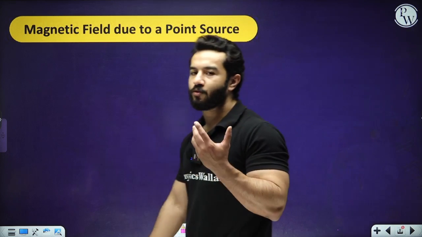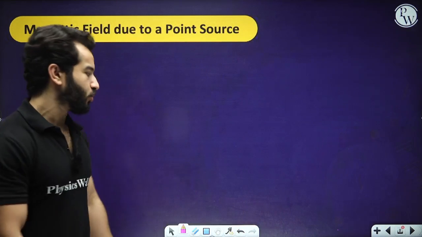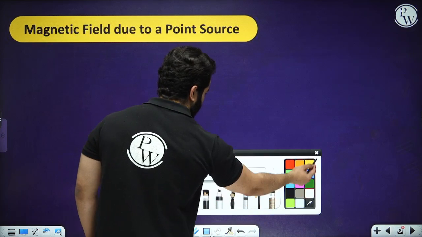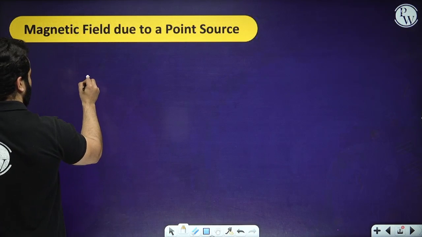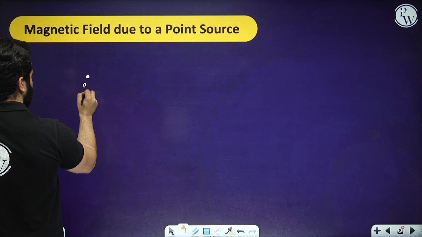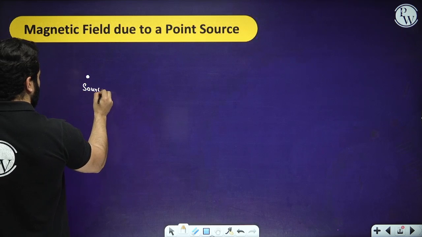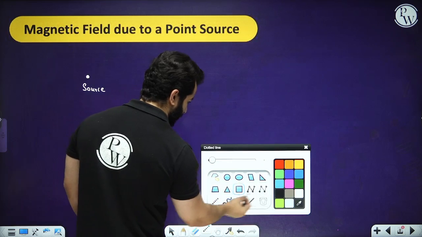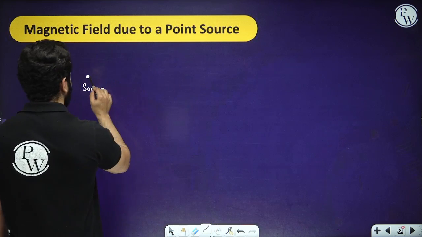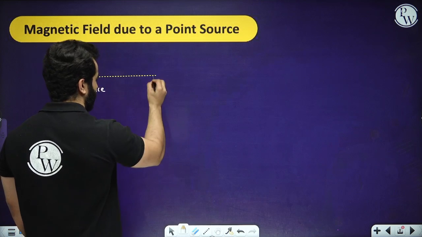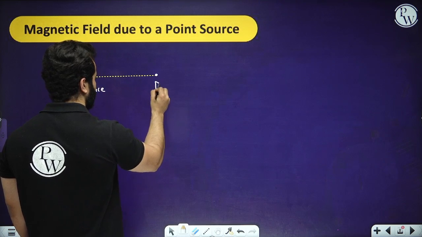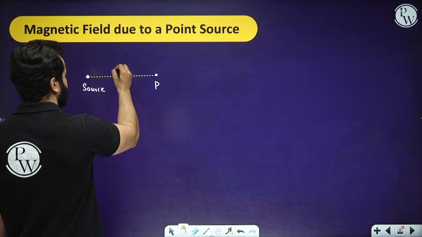Let's suppose we want to find out the magnetic field due to a point source. So we have got a point source over here, and we want to know the strength of the magnetic field at a certain point, let's say at this point P, at distance r.